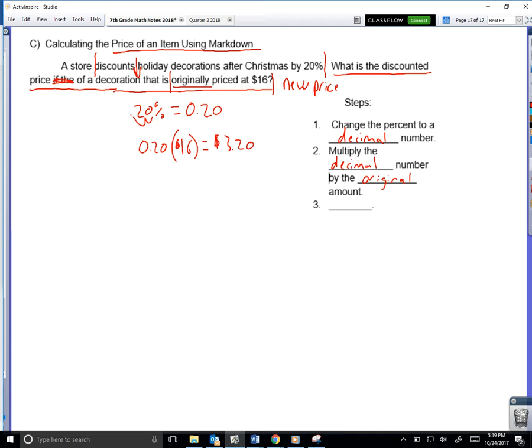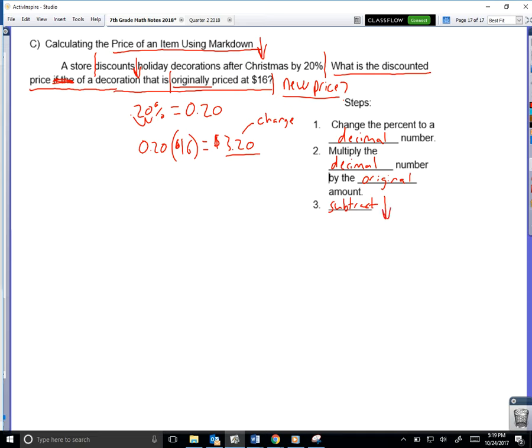That's also like what we did earlier. That's the change, like in some of the other lessons that we did. We got the original price, it's going to change by this amount here, and we're going to find what the new price is. So step number 3, since we're doing a markdown, we're going to have to subtract because we're going to take the amount off of the original.